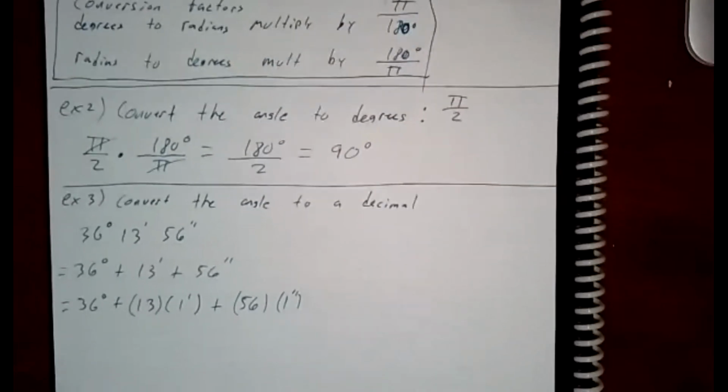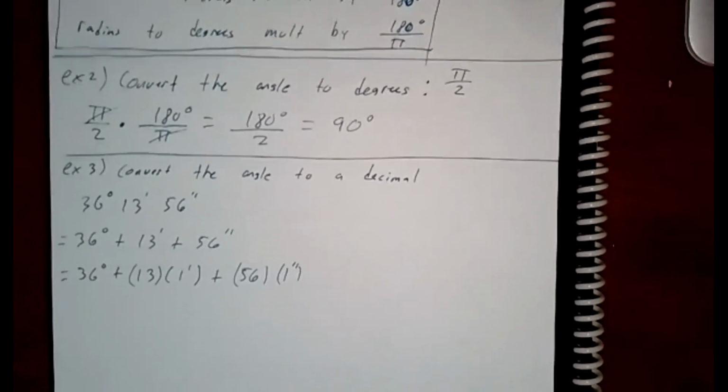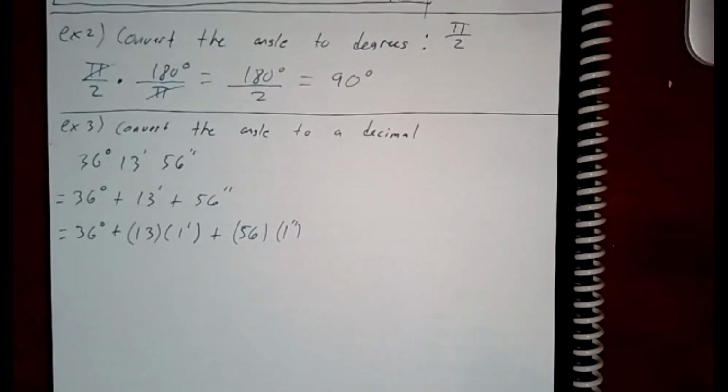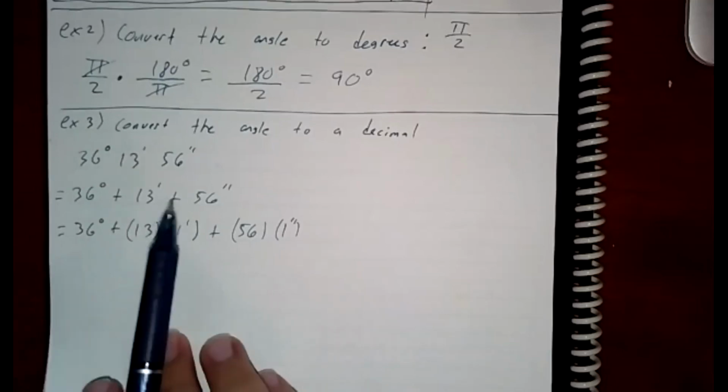Does that make sense so far? Okay. Now input what was a minute. What was 1 minute? 1 minute is the same as 1 degree over 60. Yes.